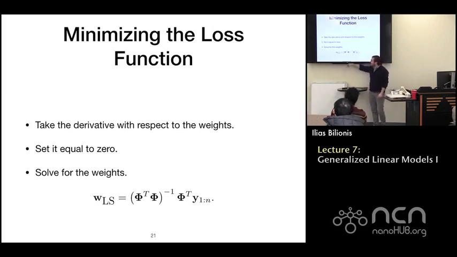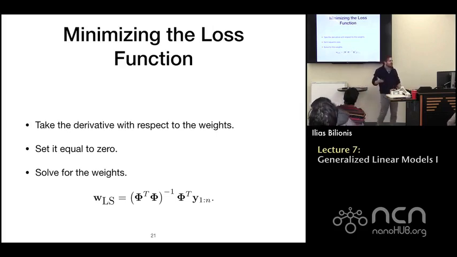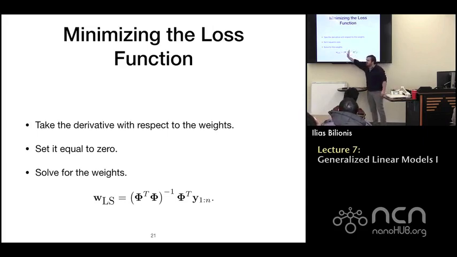Phi is that design matrix. It has to do with your basis functions. It's phi transpose phi inverse times phi transpose y. Here are your output observations. Now, if you're familiar with least squares for linear regression, in linear regression you would have here a matrix called X. It's pretty much the same matrix.